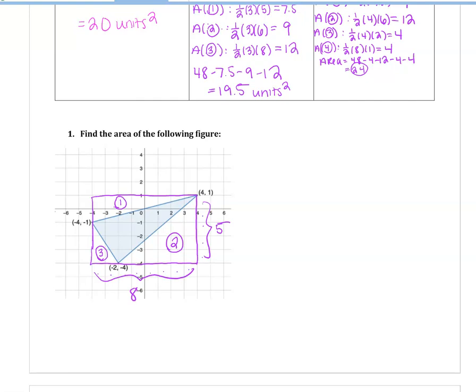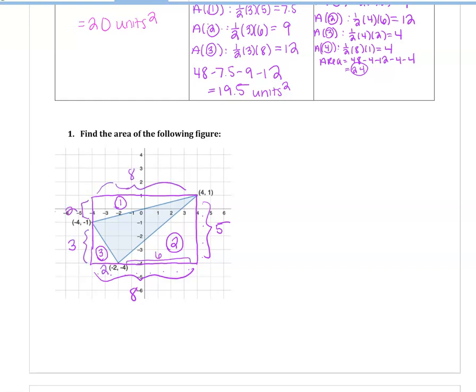If you need a hint at how to start the problem, you can see how I've boxed in my triangular figure because, again, I wasn't able to easily find the height here, so I boxed it in and I've identified 3 triangles, 3 right triangles in this case, that I can find the areas of to subtract away. So again, if you were stuck, there's your hint, and then you can hit pause and try again.